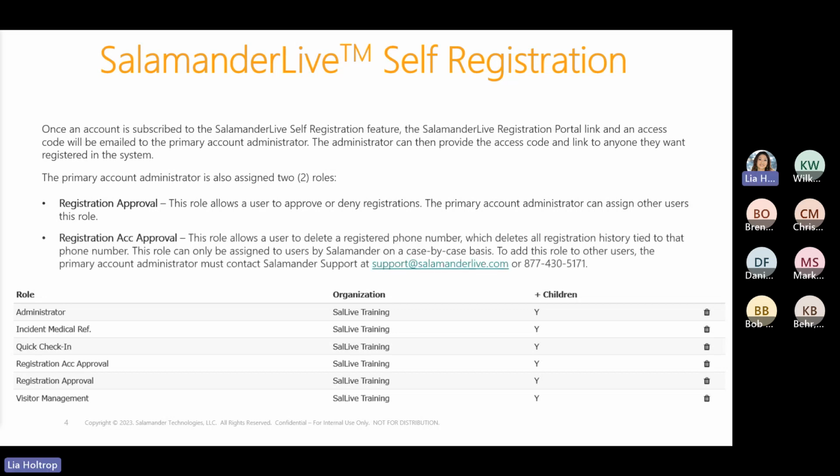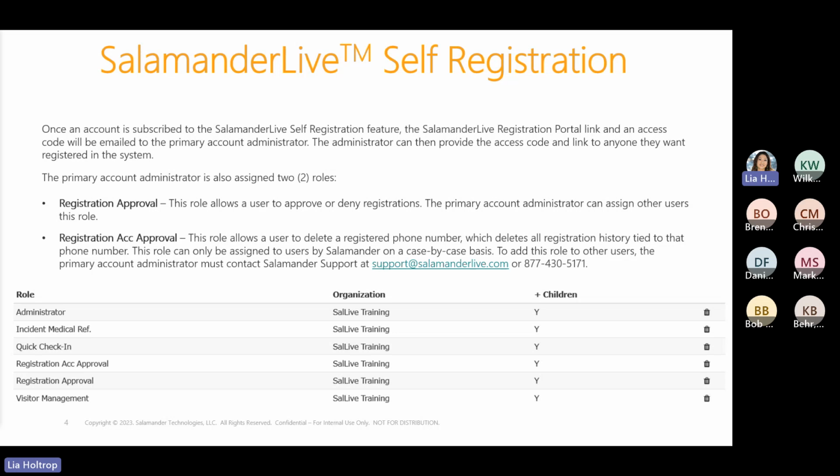The second role is going to be the registration account approval. When this role is assigned, it allows a user to delete a registered phone number, which then permanently deletes all registration history that's tied to that phone number. Because this is a permanent process and this person has a lot of power, the registration account approval role can only be assigned to users by Salamander and on a case-by-case basis.